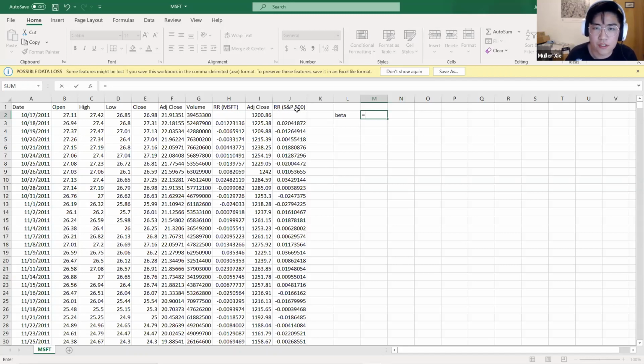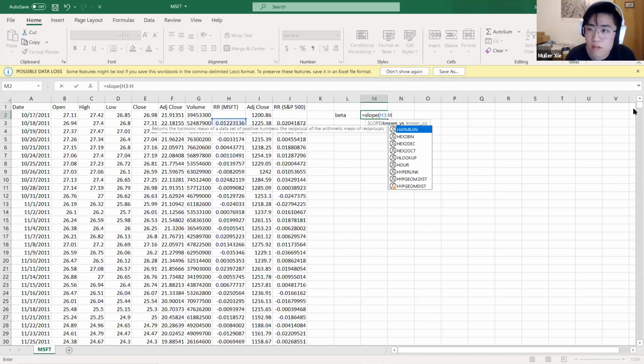Here I use the data of the S&P 500. So from here we can just use the SLOPE function. The y should be the rate of return of your target company, which should be Microsoft.